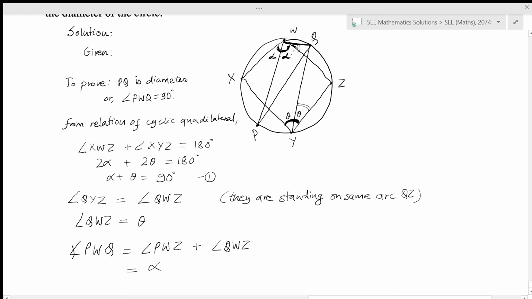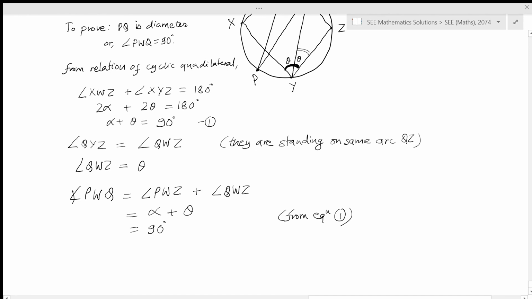So angle PWZ is alpha plus angle QWZ is theta, which we just found out here. This is equal to 90 degrees from equation 1. So we proved that angle PWQ is equal to 90 degrees. This is only possible when PQ is the diameter. Otherwise, this is not possible. So we proved it.